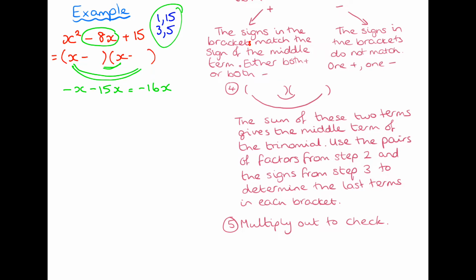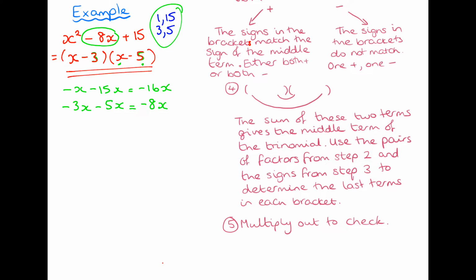So let's try the 3 and the 5. This time, this gives us minus 3x, and this gives us minus 5x. Altogether, minus 3x, take away 5x, is minus 8x, which is what we were looking for. So we know now that that is the answer: x minus 3, times x minus 5.